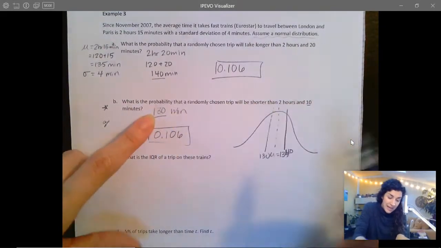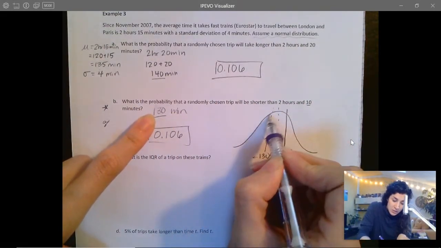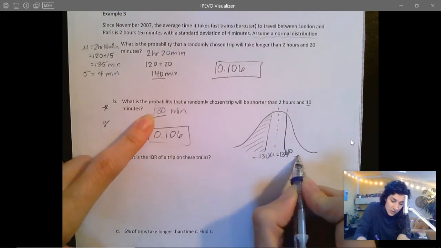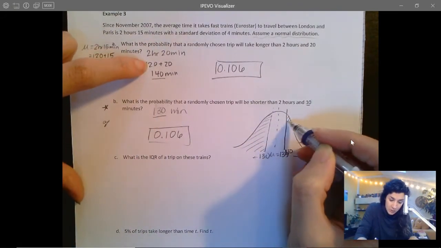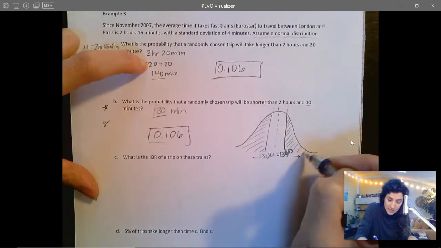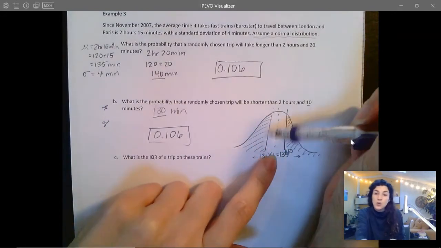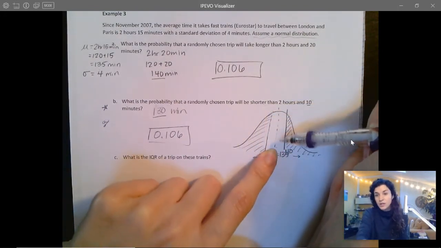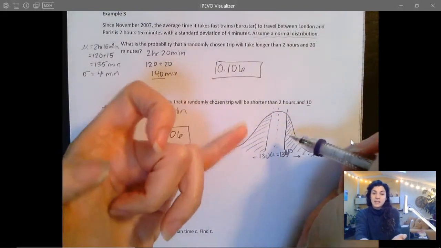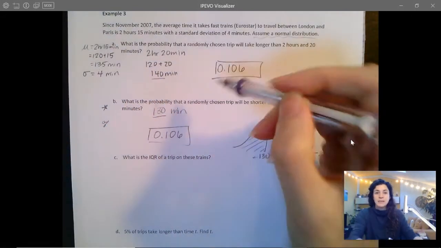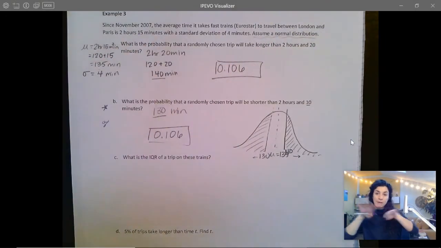If we're talking about less than 130, we're talking about the area like this, versus greater than 140, we're talking about an area that looks like this. And since we're equal distances apart and we know that the normal distribution is symmetric about that mean, that area must be the same. So that's why, because they are an equal distance away from the mean, the probability of less than and the probability of more than should be the same.